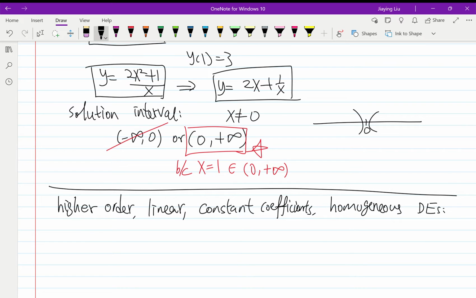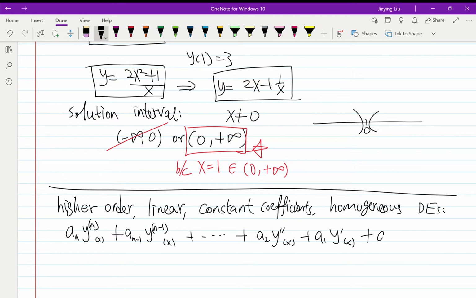It has the general form of a_n y to the nth derivative, x being the input, plus a_(n-1) y to the (n-1)th derivative, the derivative reduced by 1 each time, and then a_2 y second derivative plus a_1 y prime plus a_0 y of x equals 0.